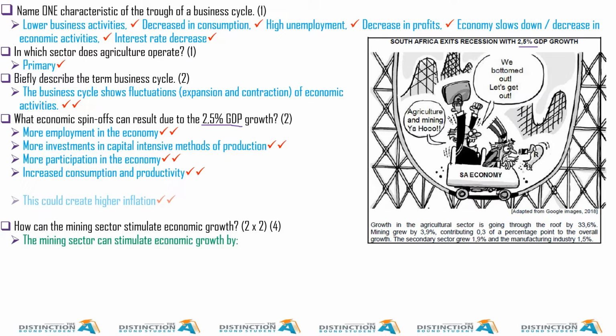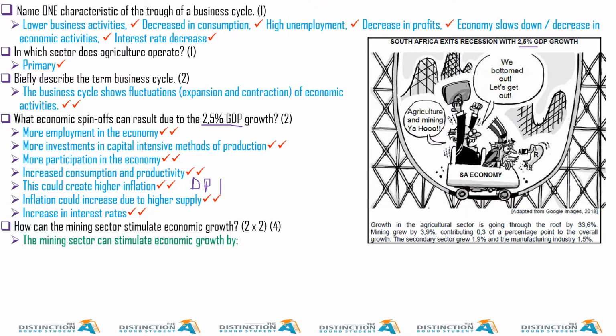Increased consumption and productivity. They could create high inflation, and the type of inflation that will be created here is demand pull inflation. Then inflation could increase due to higher supply, and an increase in interest rates. Yes, the repo rate will be increased as a measure of trying to curb this problem.